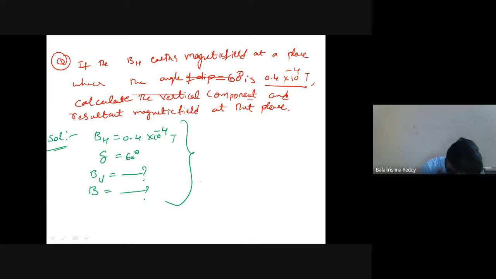To find this, we have one concept: the relation between BV and BH in terms of the tangent of the angle. Look here, from the triangle, this is B, this is BV, this is BH.